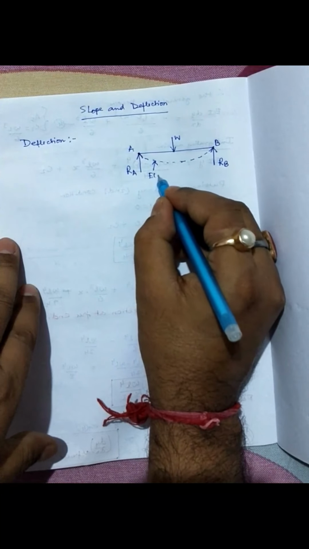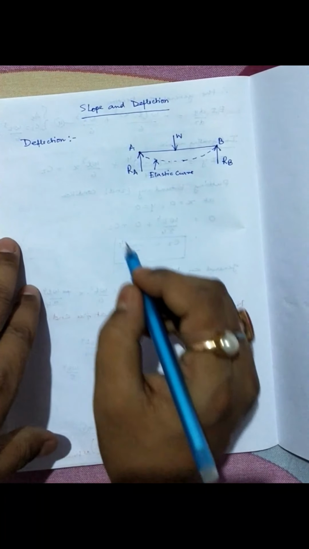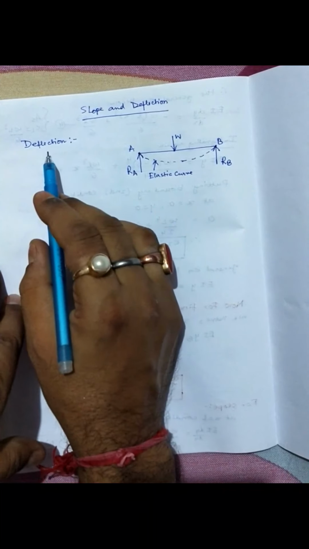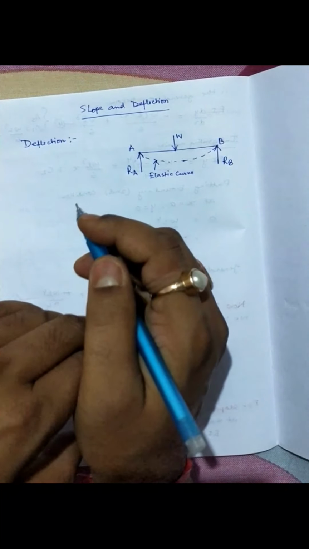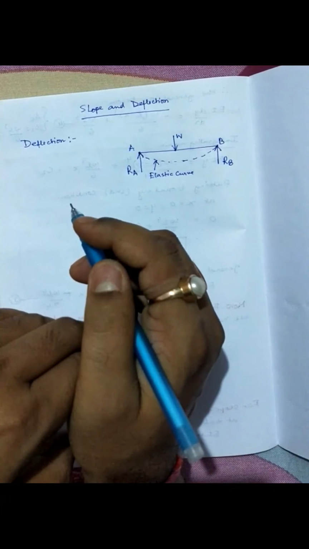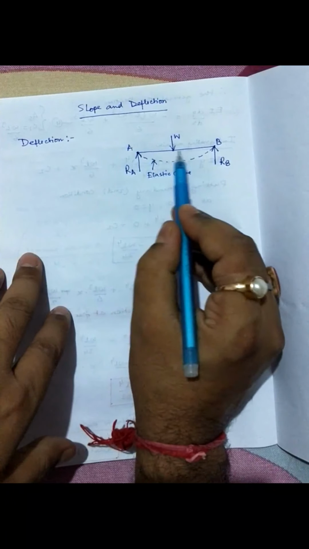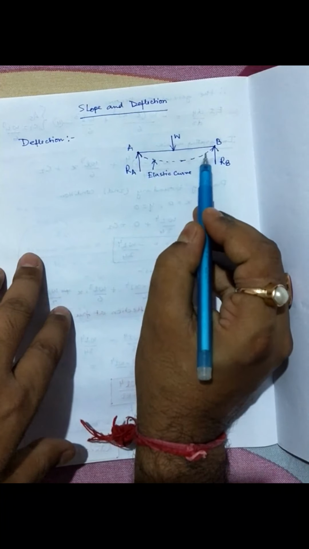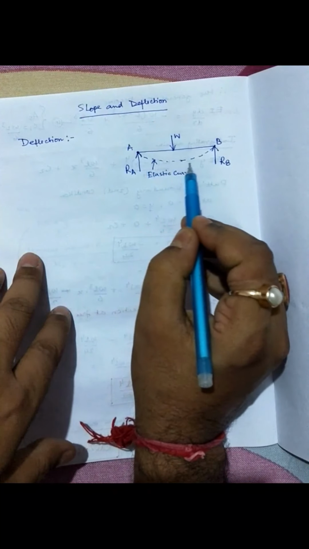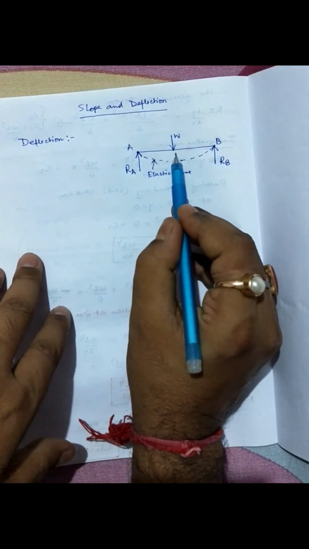Now, as I have already said, deflection is the vertical distance of the beam measured before and after loading. Before loading the beam was AB, and after loading you have got a curve like this. This is the final deflection after application of W amount of load at the mid span.